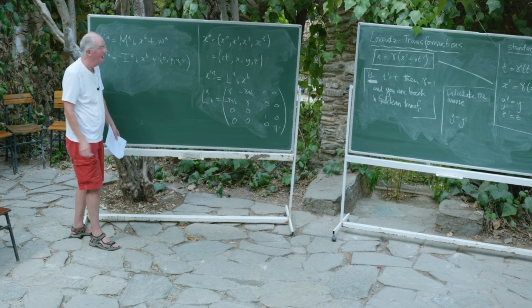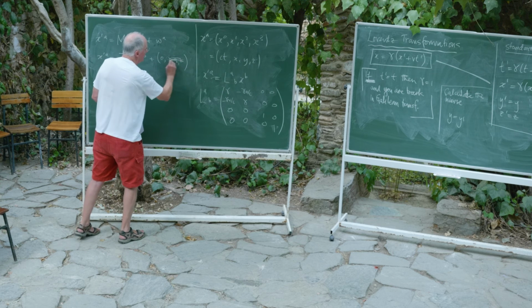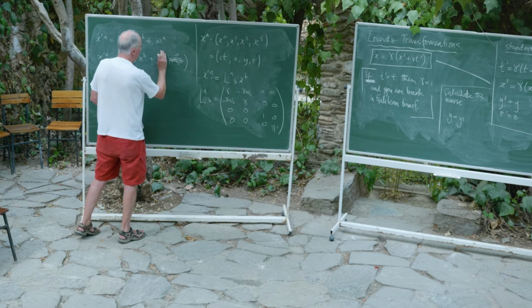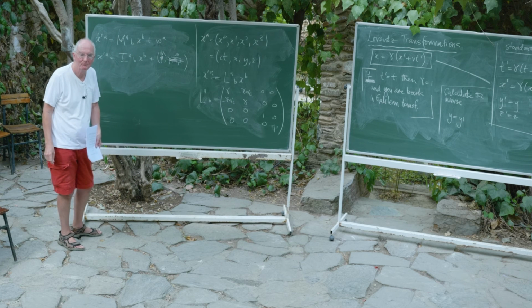If you want a time translation, that's easy. You just make those 0 and put some other number there, M or something. That's a time translation. Question?